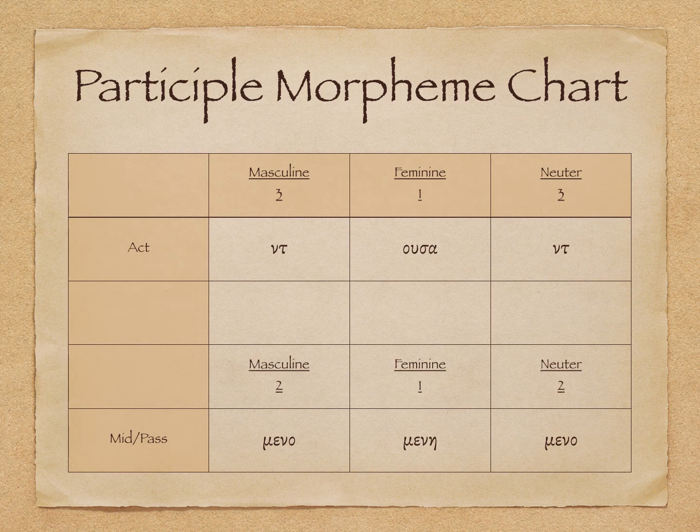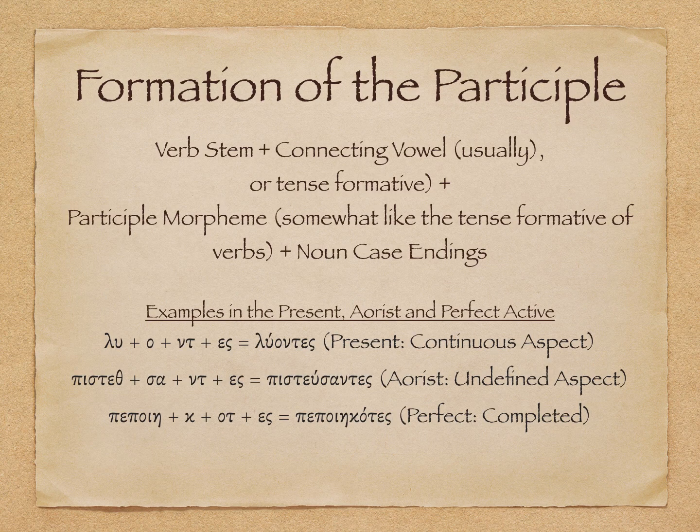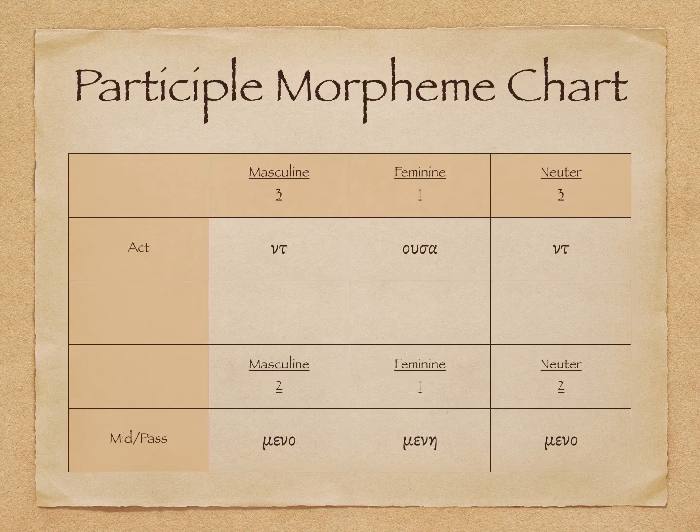And we have noticed already that the formation of the participle has many parts, and generally participles are longer. So if you see longer words, you should maybe start thinking, well, that could be a participle. And then look at the morpheme chart here and see if you can begin to identify. Nu tau together in masculine and neuter active, ousa in feminine, omenos and omene middle passive.